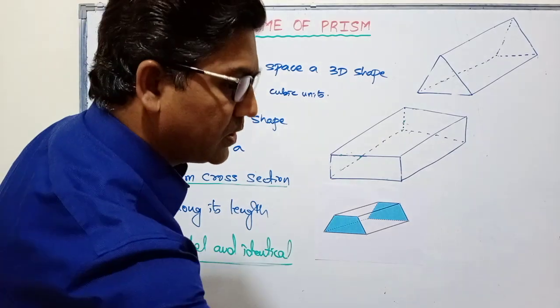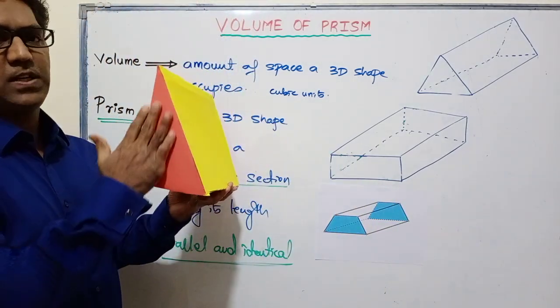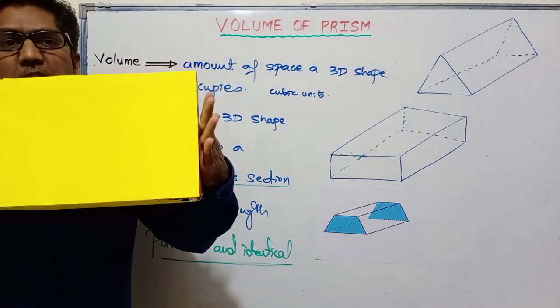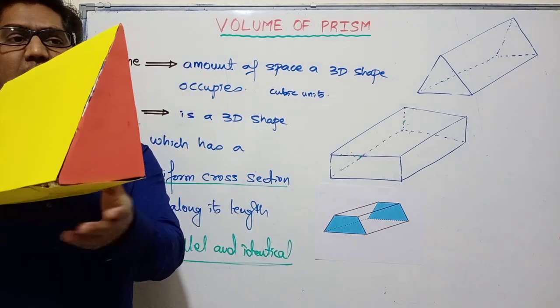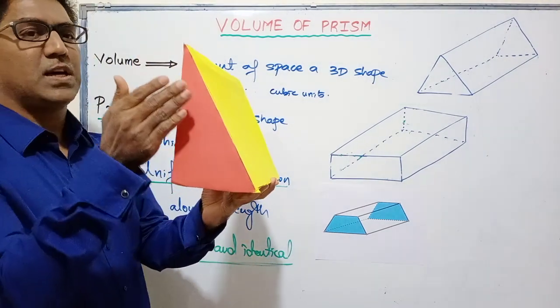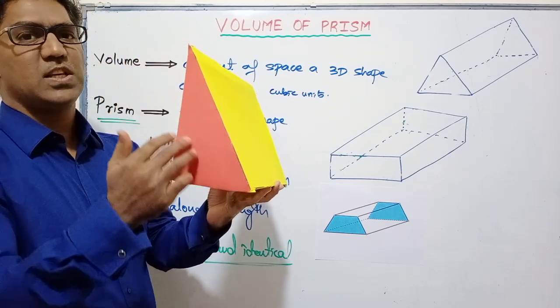Let's have a look at this 3D shape. In this shape, this face is a triangle and the back face is also a triangle. These two faces are parallel and identical. These faces are known as the cross-sectional area.